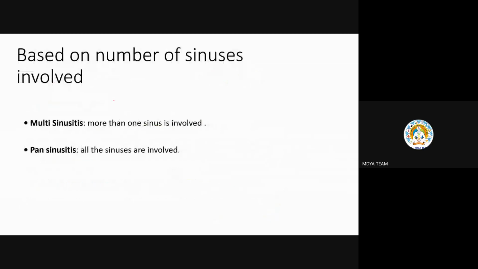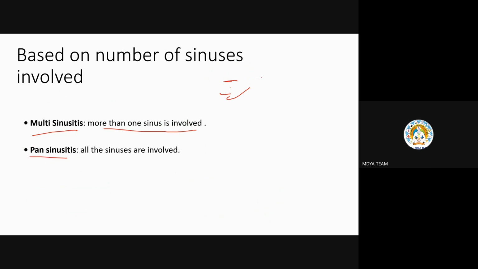Now, based on the number of sinuses involved in the inflammation: multiple sinusitis. When more than one pair of sinuses is involved, it is called multiple sinusitis, like if ethmoidal and frontal sinuses are both involved.